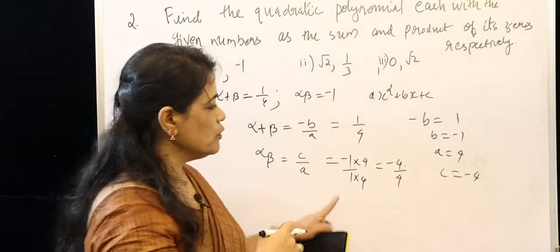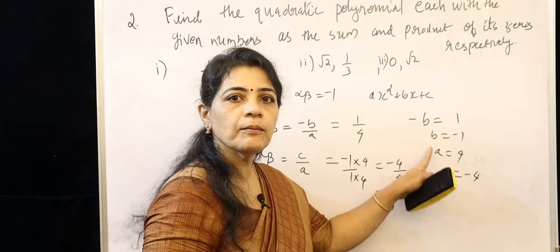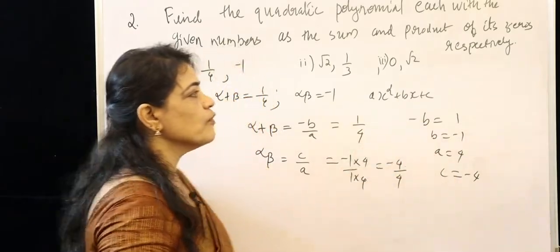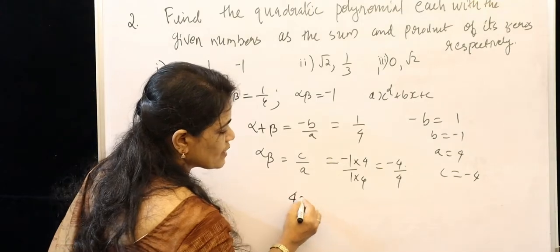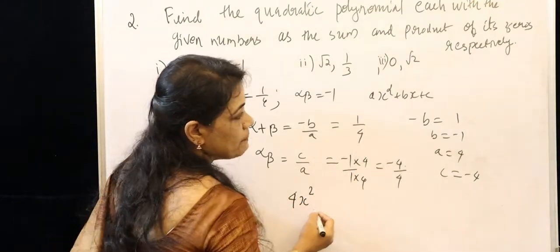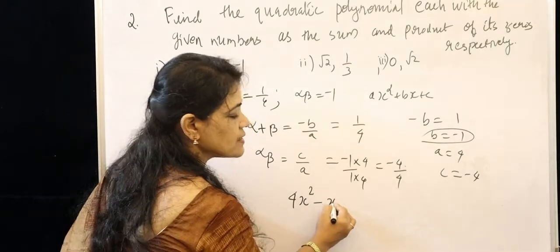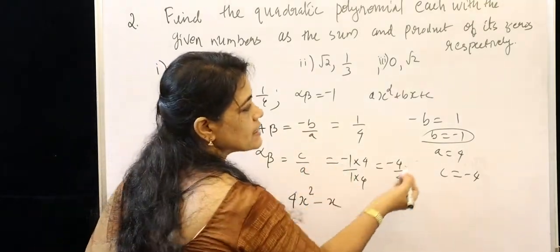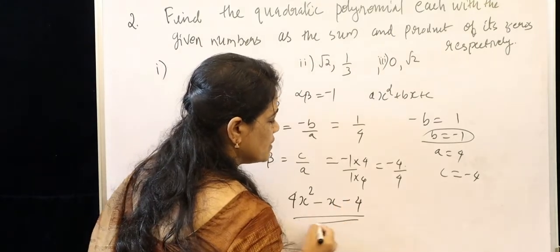Now we have a, b and c. What is the general form of a quadratic polynomial? Ax square, a means 4x square, plus bx, b is negative 1, that is negative x, plus c, c is negative 4.